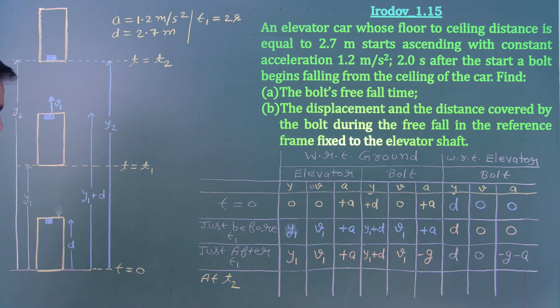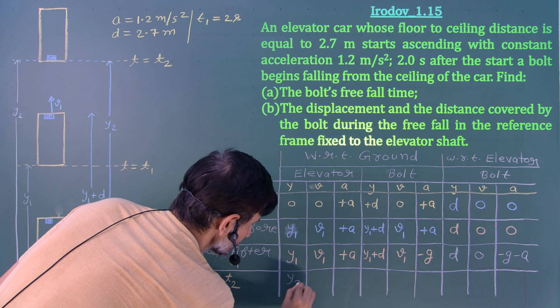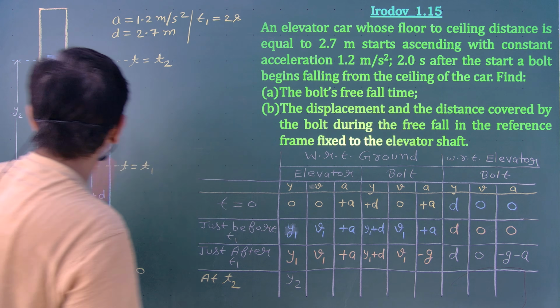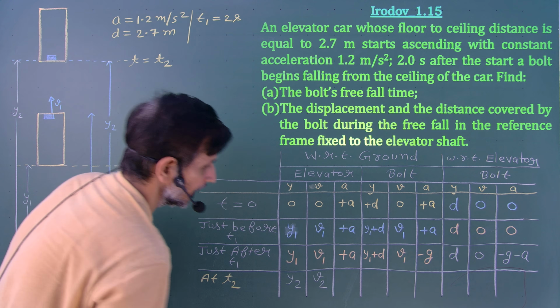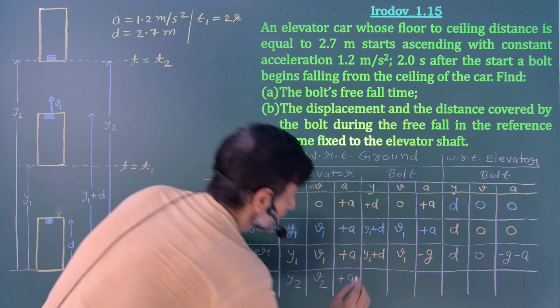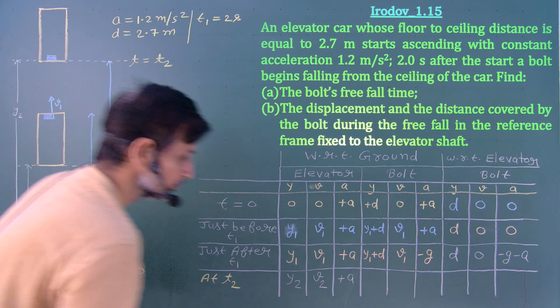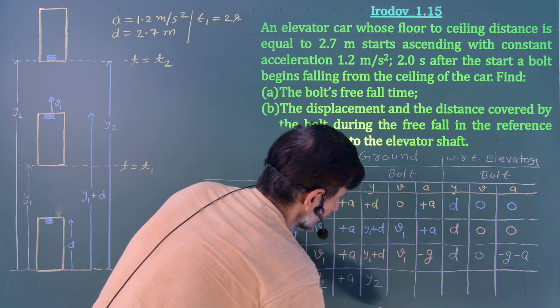Okay. What happened at time t2? At time t2, the position of elevator is y2. Velocity is different, so let me call velocity v2. Acceleration is again plus a. For bolt, this position is the final position, so position is same y2. Velocity is different.